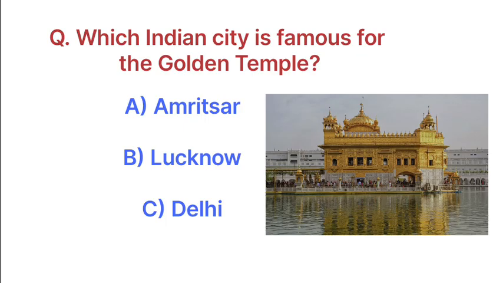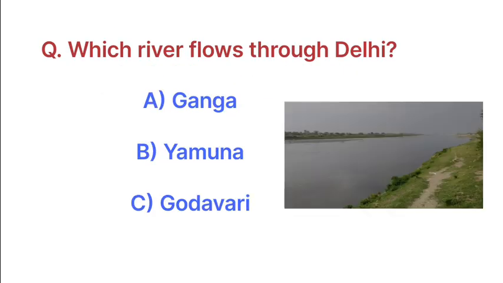Which Indian city is famous for the Golden Temple? Answer: Amritsar. Which river flows through Delhi? Answer: Yamuna.